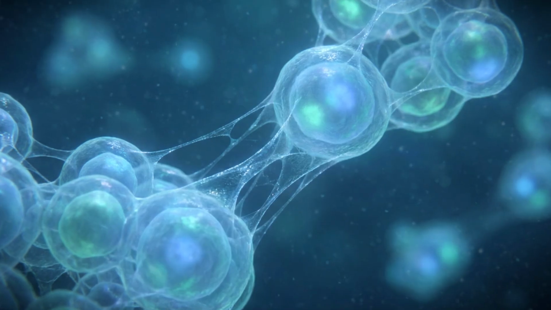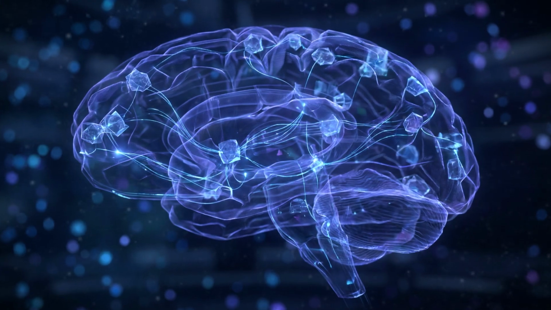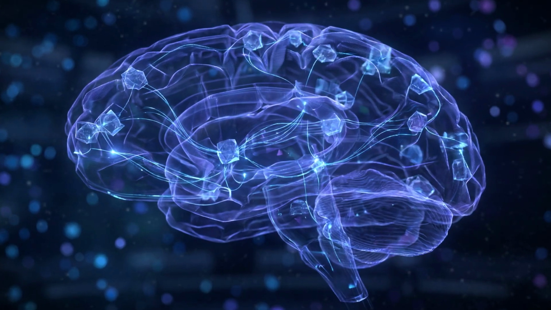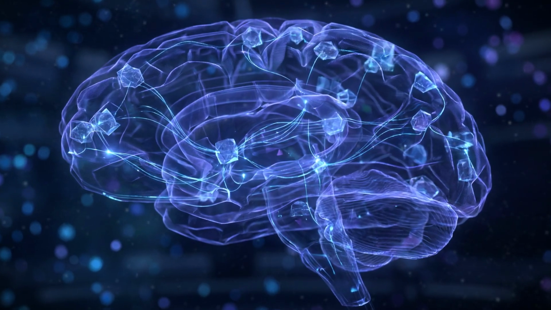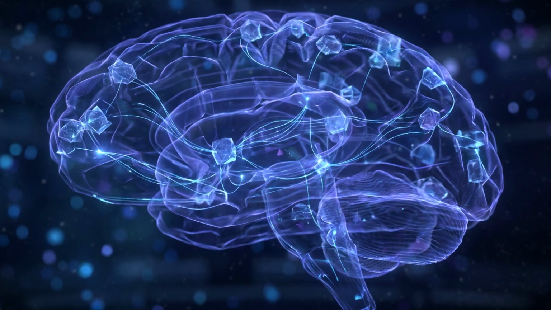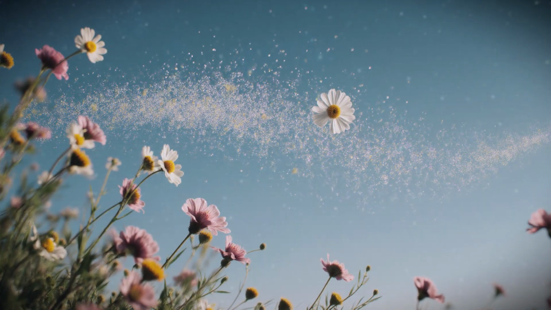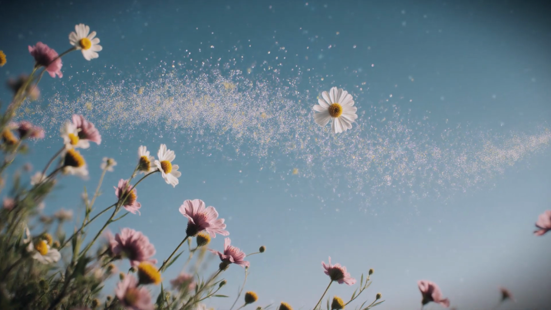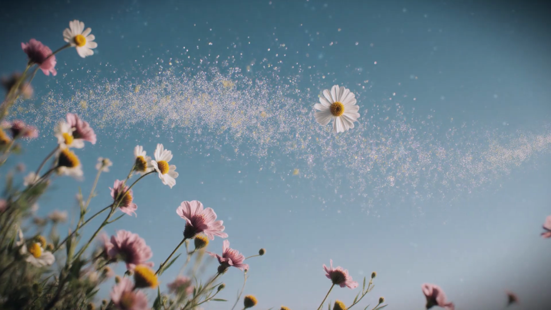Mitochondrial inheritance follows maternal patterns because eggs contribute nearly all cytoplasm to zygotes, while sperm contribute primarily nuclei. Mitochondrial DNA encodes 37 genes, all maternally inherited.